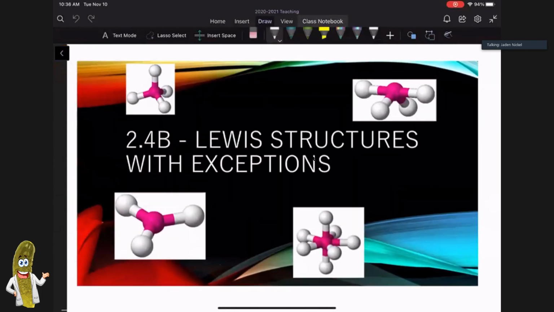Okay, so as I mentioned, there are exceptions. Chem is awesome, and I say that very sarcastically, because there are always exceptions that break the rules. I'm sure that many of you feel that way about chem already, like my teacher told me it's always this rule, but then gave me three examples where it's not the rule.